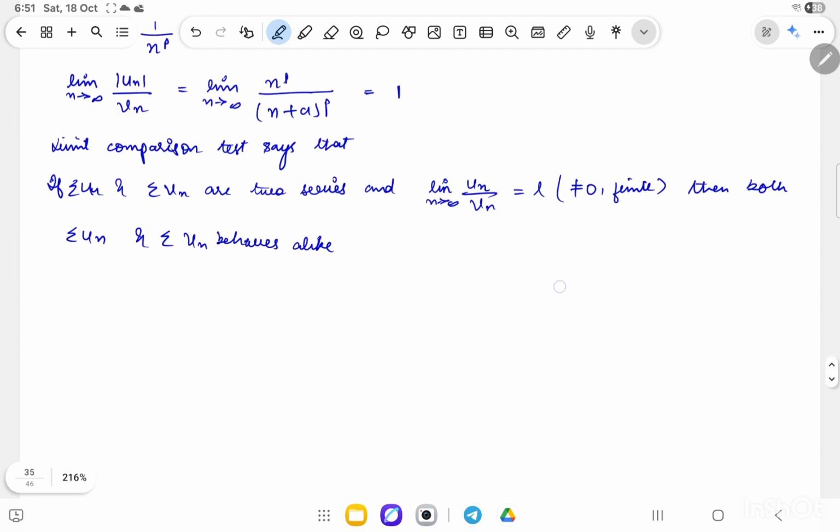There are results based on the value, like if L turns out to be 0 or infinity, that we don't need in this question, so we'll see that later. So since 1 is a non-zero number and also a finite quantity, from this test we can conclude that summation mod of un and summation vn will behave alike.